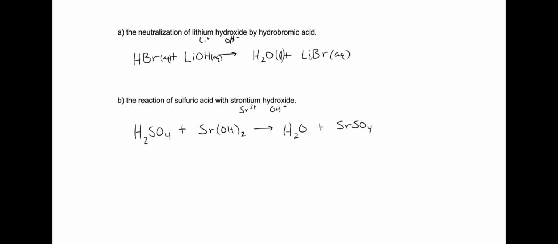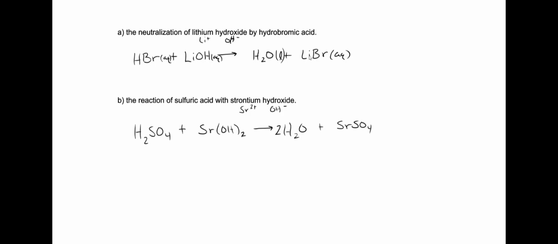Are we balanced? Almost. You'll notice that there are 4 hydrogens on the left side: 2 plus 2 times 1 is 4. So we need a 2 here. And how about oxygens? Well, we've got 1 sulfate and 1 sulfate, so those oxygens and sulfur are taken care of.